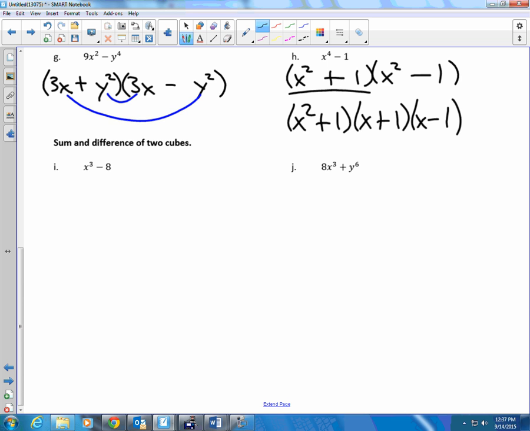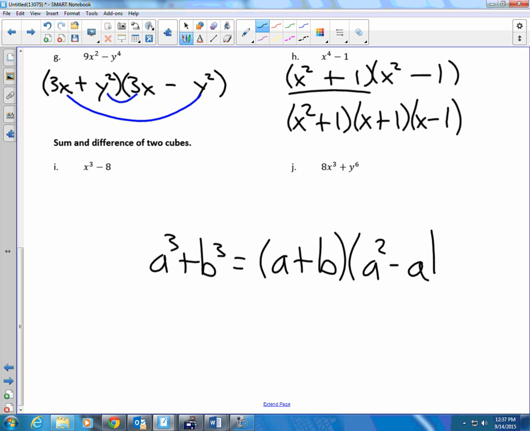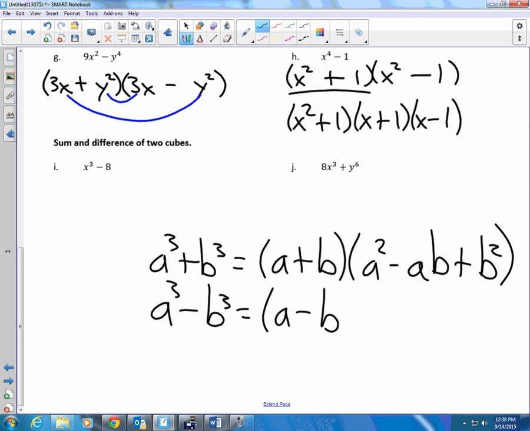Done. Okay, cubes. Got to write down the formulas. You will not be given these on the test. You have to remember them. And I will show you how I remember them. How you remember them is up to you. But you will, because you are excellent. Best of the best. Super smart.